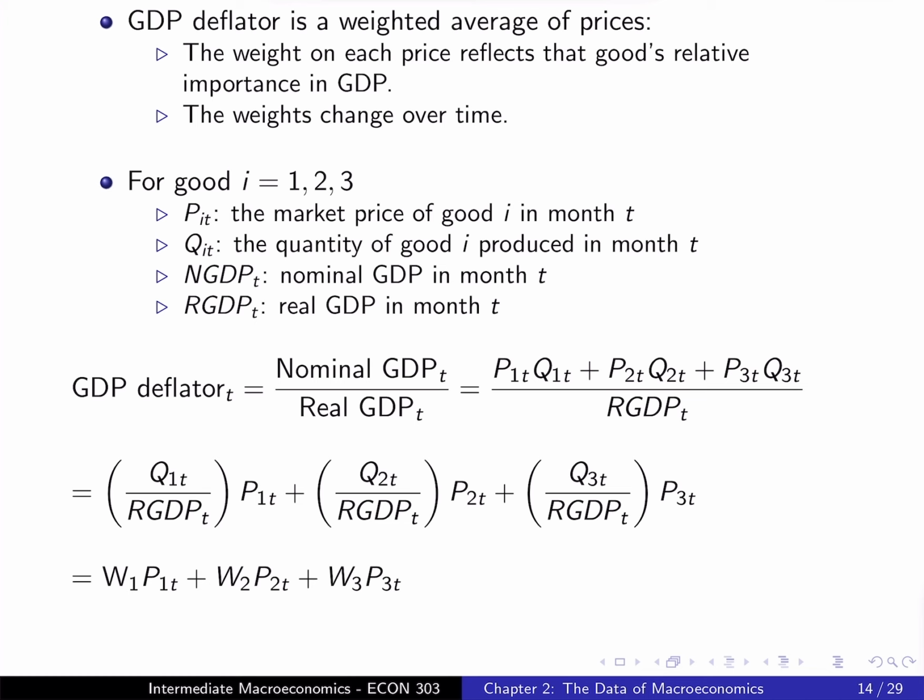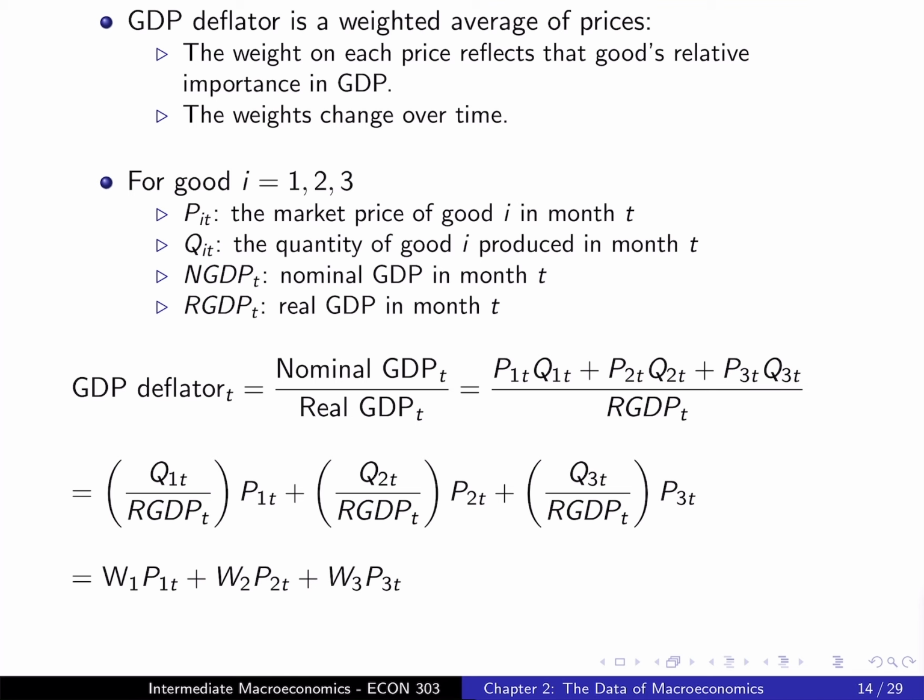We compute the GDP deflator_t as nominal GDP_t over real GDP_t. That equals P1t times Q1t plus P2t times Q2t plus P3t times Q3t, over real GDP_t.